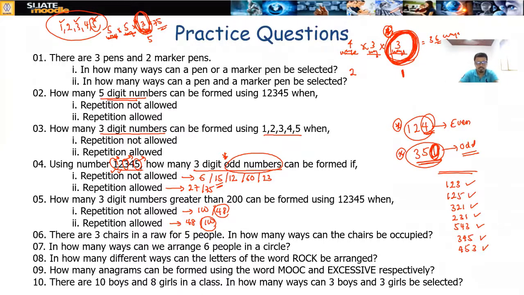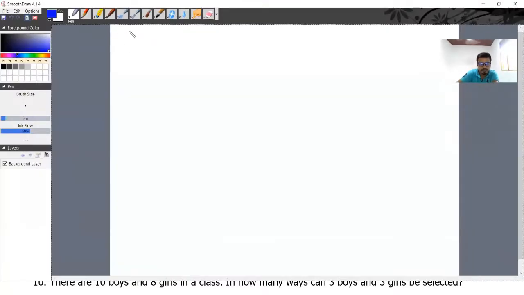Right, we'll see question number 5, part 1. We need to form a 3-digit number. What is the condition?